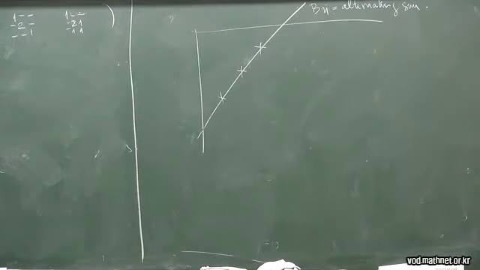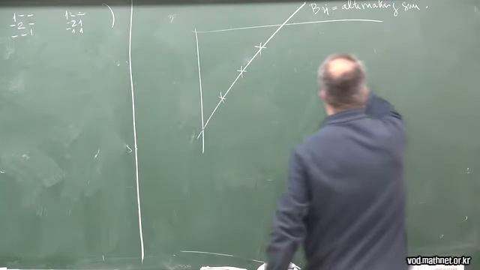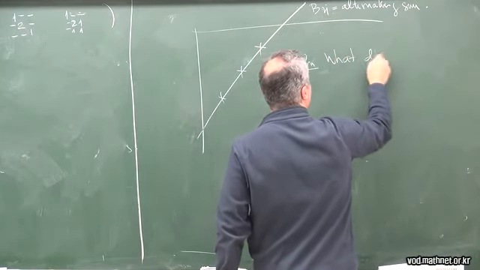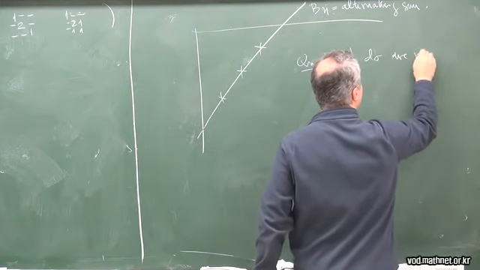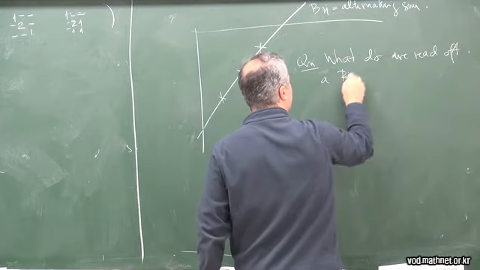Okay. And now we have this Betti table, and now the question is, what do we read off of a Betti table?